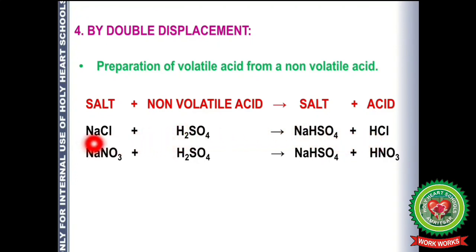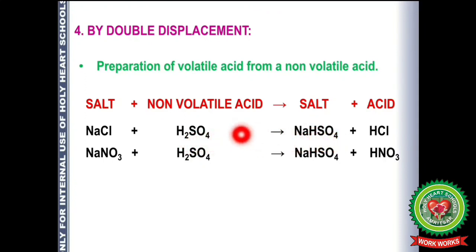What happened here is, Na is positive, Cl is negative, and hydrogen here is positive and sulfate is negative. Sodium reacts with this sulfate and hydrogen goes with Cl to form HCl. We know that H2SO4 ionizes in two steps. We have already done that part.